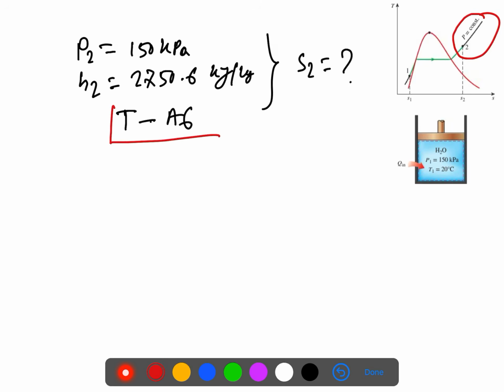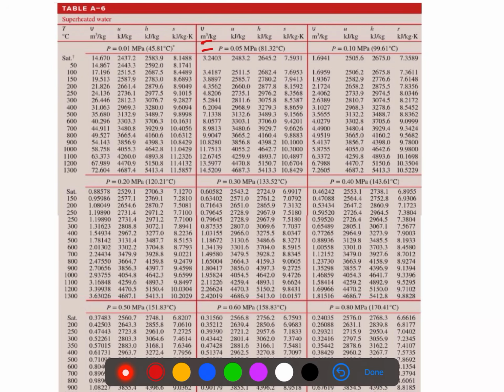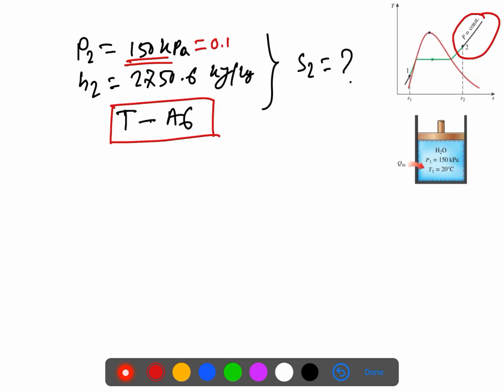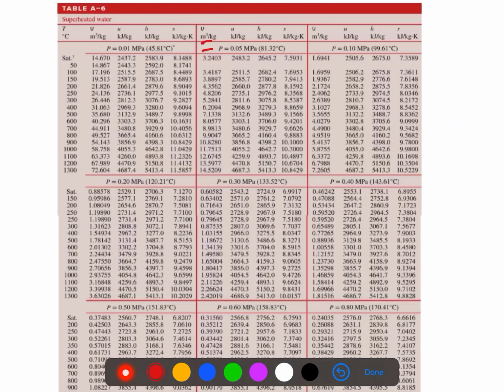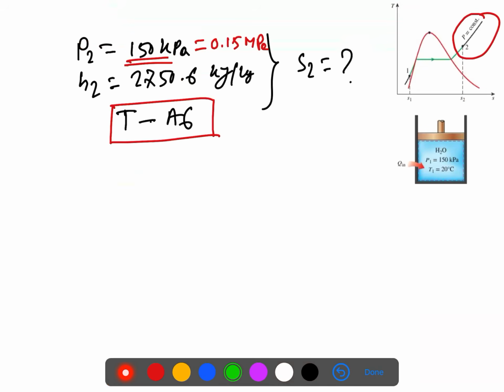We are going to use table A6, and we need to do some interpolations. Keep in mind it is 150 kPa, so we can say it is 0.15 MPa. In table A6 we have 0.1 MPa and 0.2 MPa, so we have no information for 0.15 MPa.